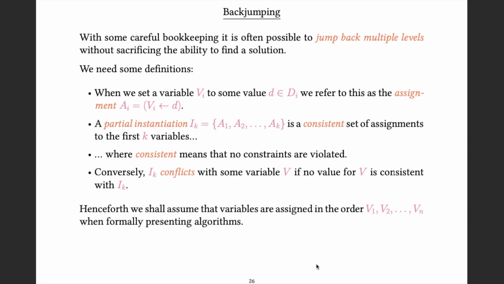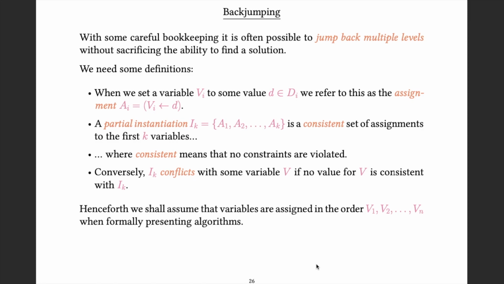So I have 4 initial points here regarding new notation. Point 1 says that vi ← d is how we will represent an assignment. If we have the ith variable and some value d in its domain, an assignment is just vi ← d.